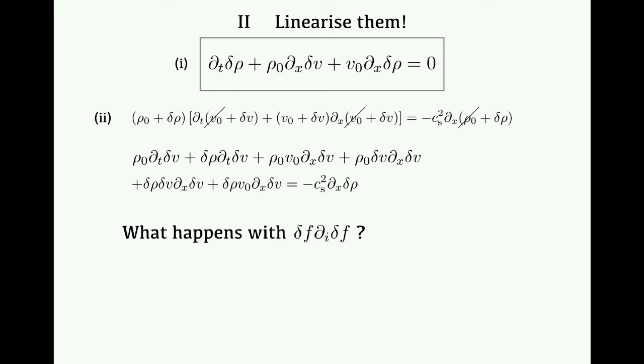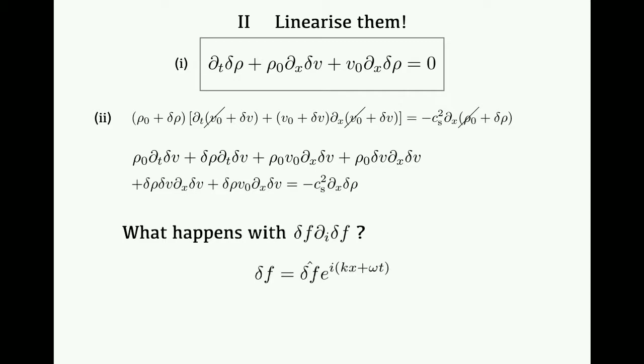Now it is important to take a short look at what happens if you have a perturbation multiplied by the gradient or by the time derivative of a perturbation, because even though the perturbation might be really small, that does not automatically mean that its derivative is also really small. There are functions that have a really small absolute value, but the derivative can be quite large.